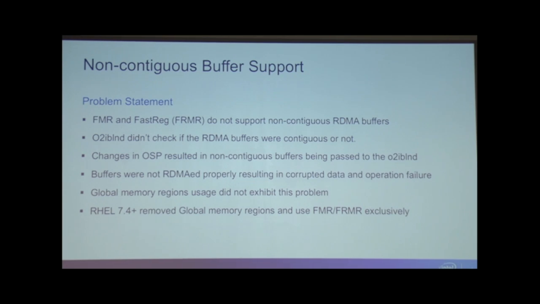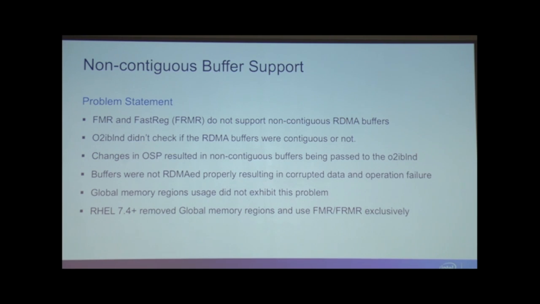With that patch, we started seeing a problem, but it only manifested itself in RHEL 7.4. The reason is that in 7.3 and earlier, we used global memory regions, and we dealt with that by describing each fragment, with the start, offset, and length of it. So we never saw that problem.